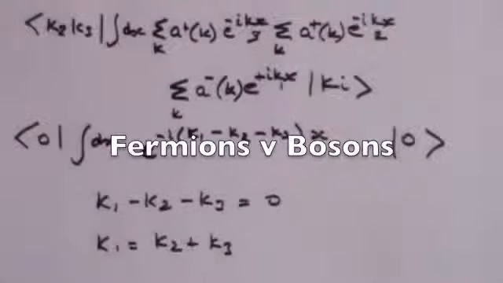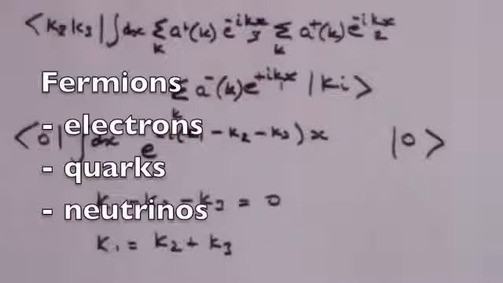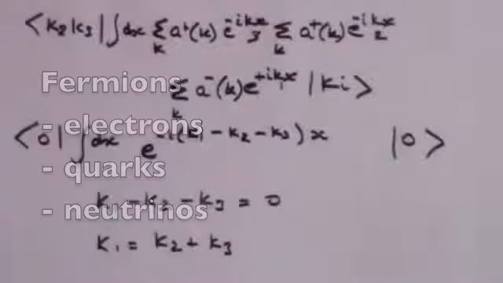You'll recall that there are two types of particles in the whole of this universe, and only two are known: fermions and bosons. Fermions are the things of which what you might call the genuine particles are made, things like electrons, quarks, neutrinos. Those are all fermions.